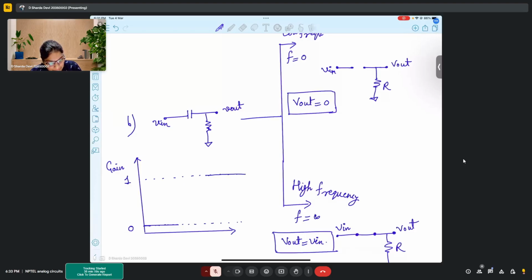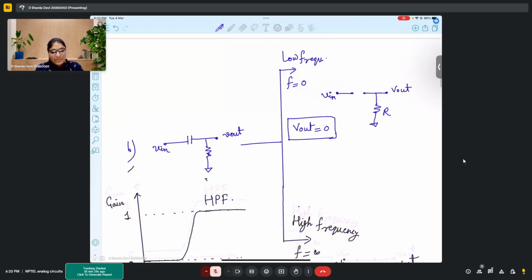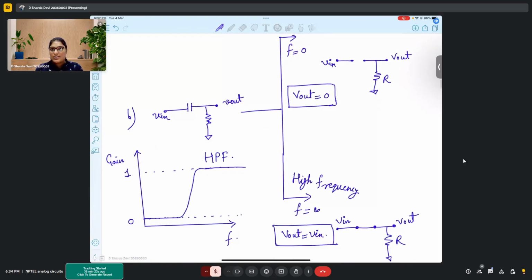And then we will connect these two, and this is the behavior of a high pass filter, right? So from here, we can clearly observe that a first order low pass or high pass filter can be designed using a simple single capacitor and resistor.